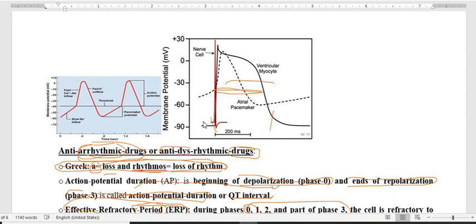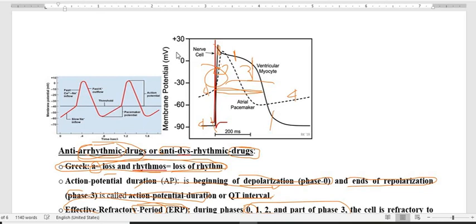This is phase 0, here to here is phase 1, here to here is phase 2, here is phase 3, and this is phase 4 in the case of the cardiac myocyte. And this is 0, this is 3, and this is 4 for the pacemaker.